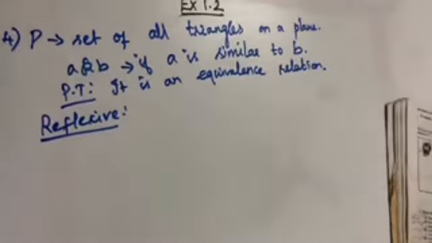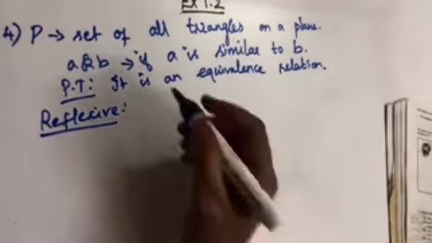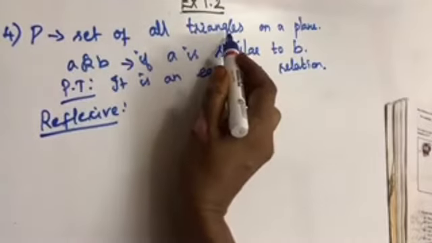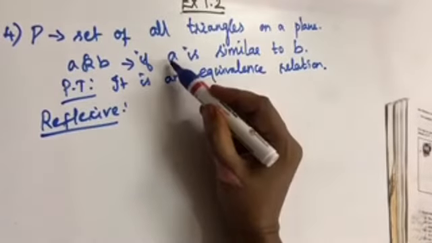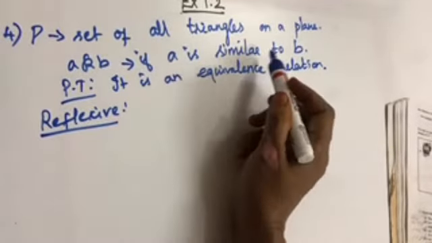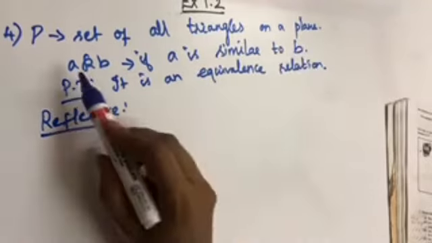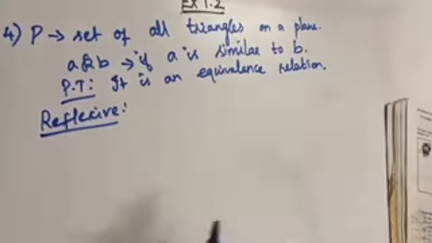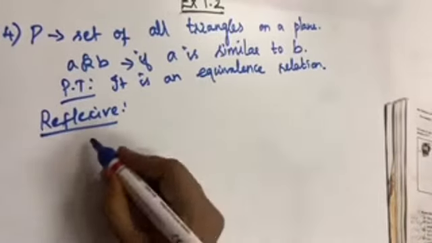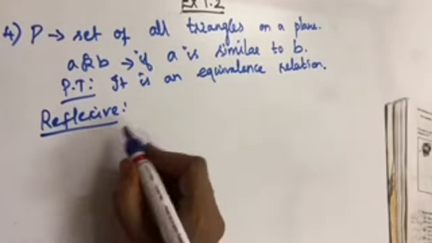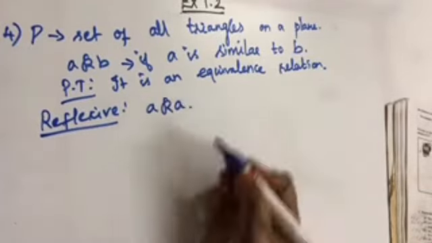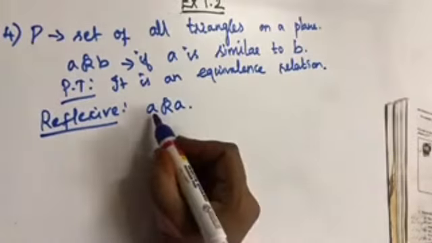Actually it is the set of all triangles. If the triangle A is similar to the triangle B, then this relation is satisfied. A is related to B if A is similar to B. So first for reflexive relation, we have to prove A is related to A. Yes, it is a triangle.